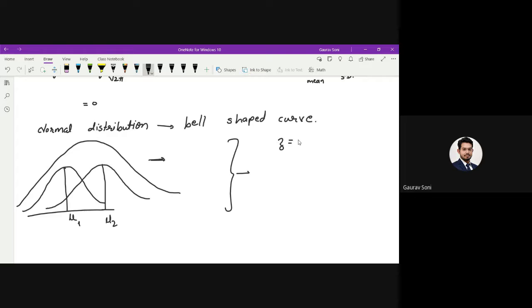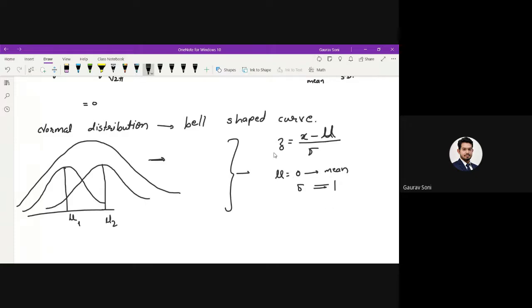Z is equal to x minus mu divided by sigma. And we saw that once we do this change, 0 becomes the mean and standard deviation becomes 1.